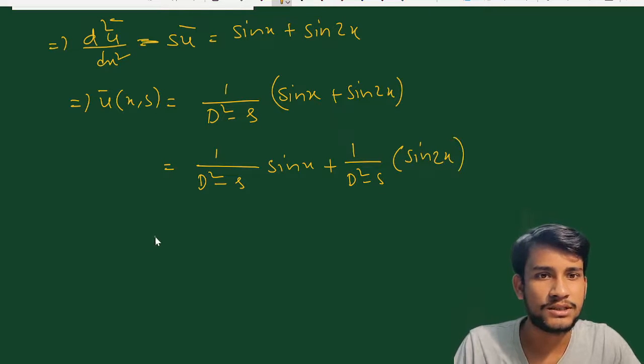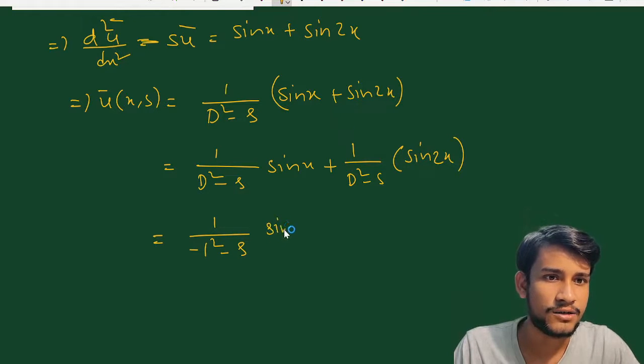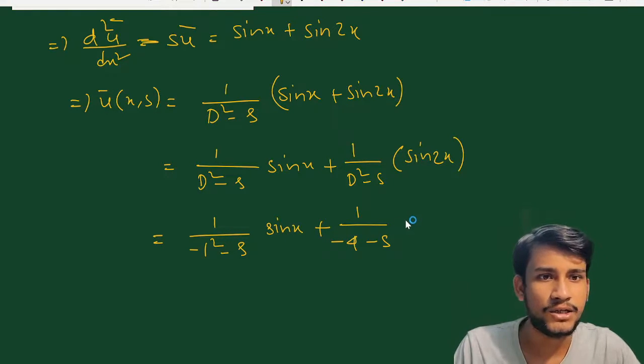So this is equal to 1 by (minus 1² minus s) sin x plus 1 by (minus of 2², means 4, minus s) into sin 2x. Clear?